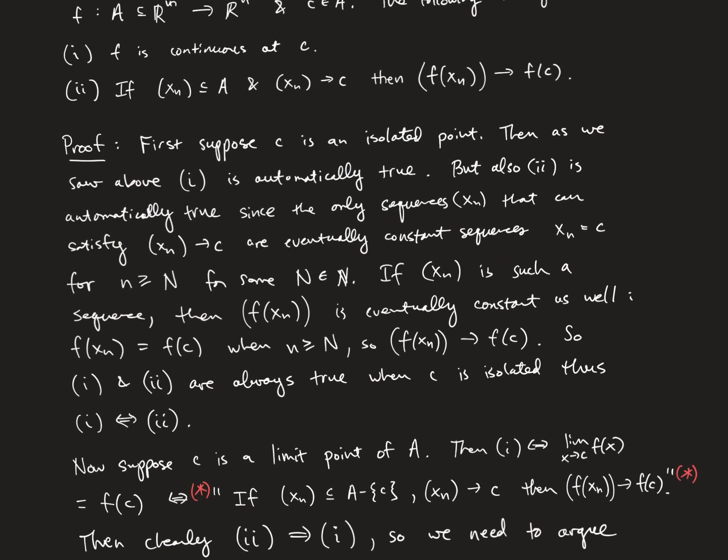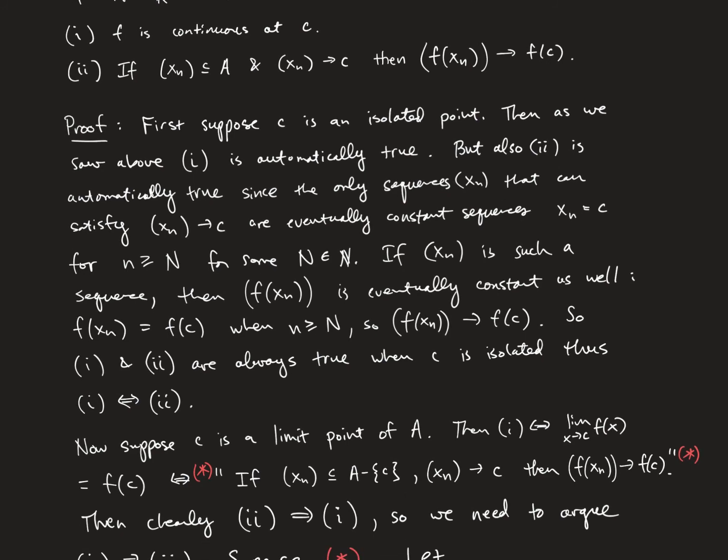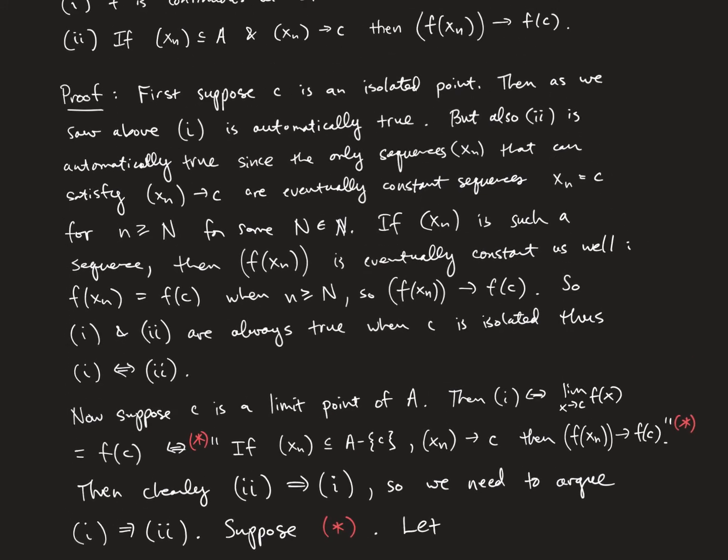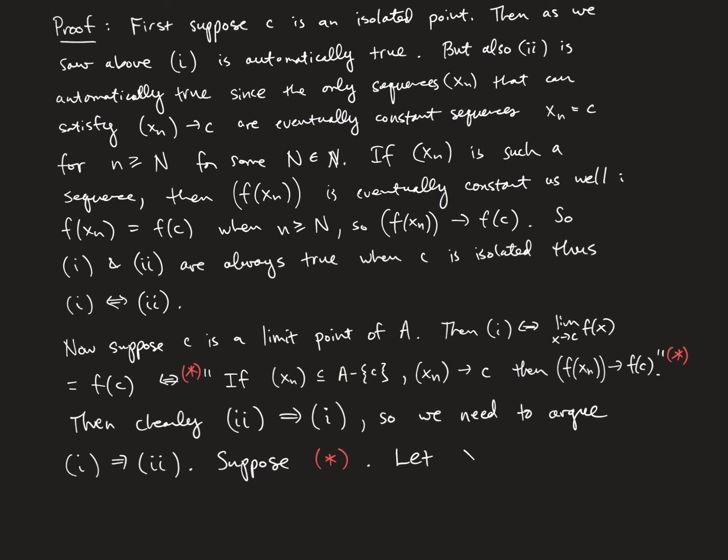So that means we need to take a sequence in A that converges to C, and we need to show that the function values converge to f of c. So let xn be a sequence in A which converges to C.